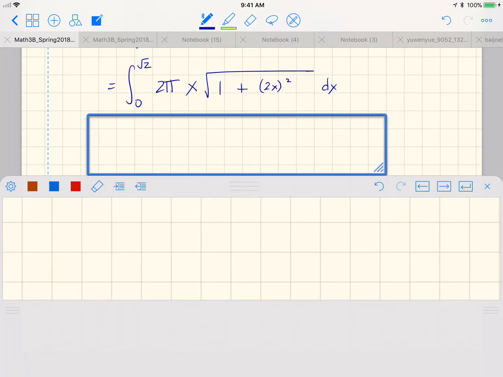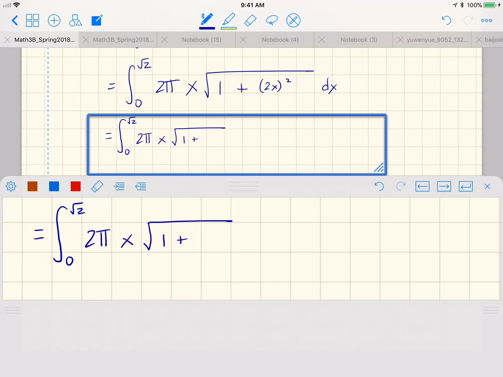So we should get that this is equal to the integral from 0 to square root of 2 of 2 pi x times the square root of 1 plus 4x squared dx.